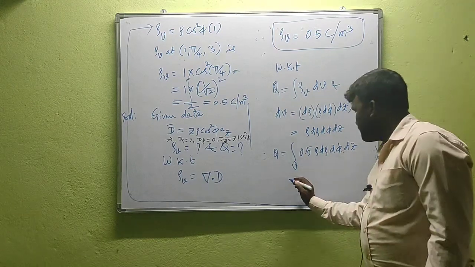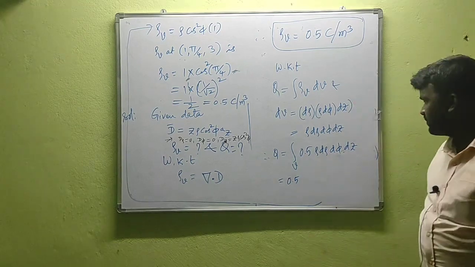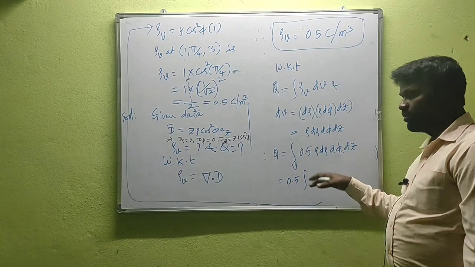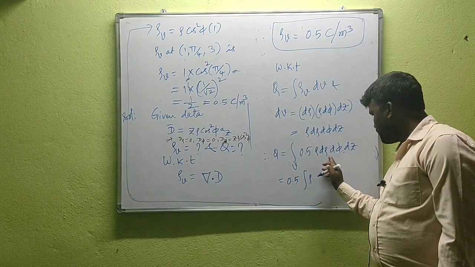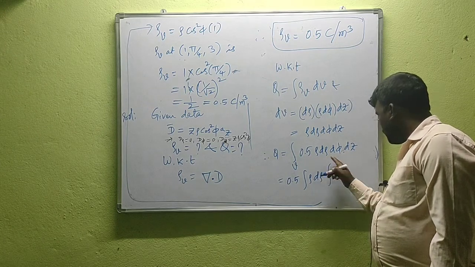Volume means triple integral. So 0.5 is constant, and we need to perform the integration with respect to rho, phi, z. Let us separate the rho component, phi component and z component. With respect to rho, it is rho d rho, and with respect to phi only we have this.